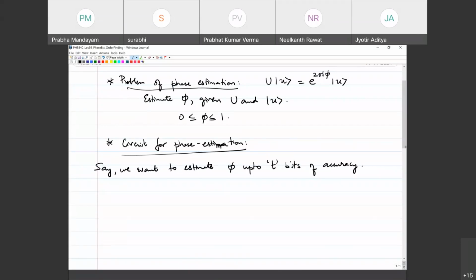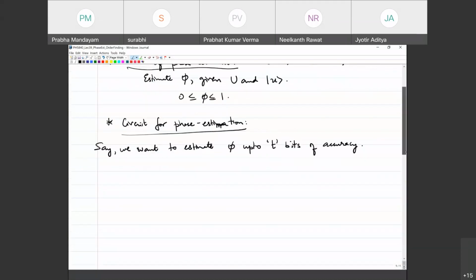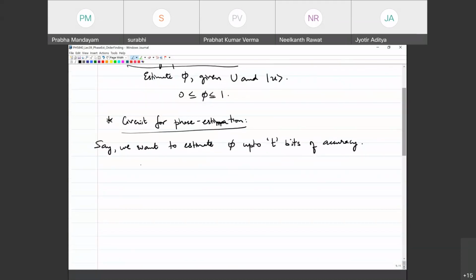right? What does that mean? Now phi is some real number between 0 and 1. So let's write it in this fractional binary notation, right? We'll write this as 0.phi_1 phi_2 phi_3 and so on up to phi_t. If you expand this in powers of 2, we already saw this when we did the Fourier transform, this is of the form phi_1 by 2 plus phi_2 by 2 squared, and so on, up to phi_t by 2 to the t.